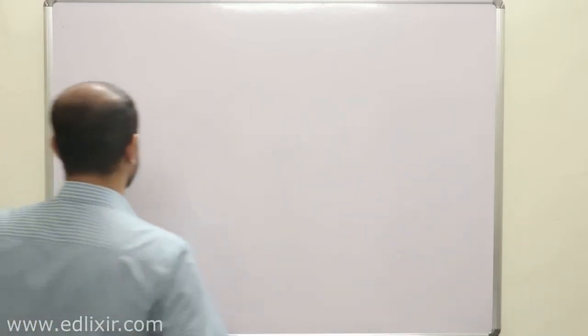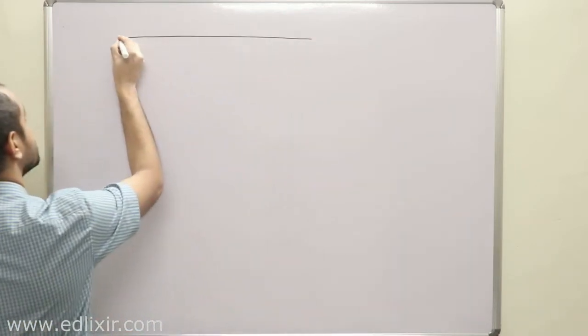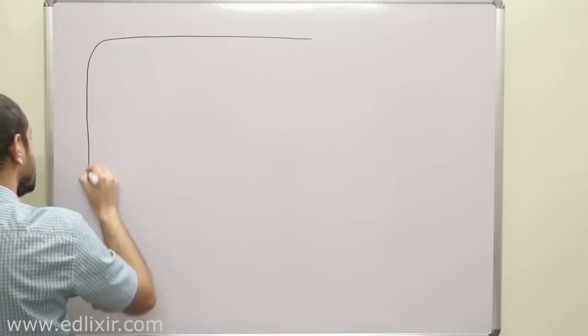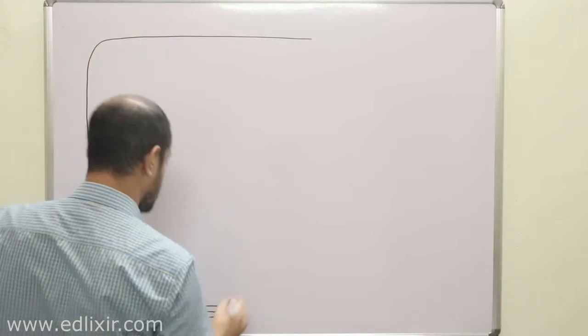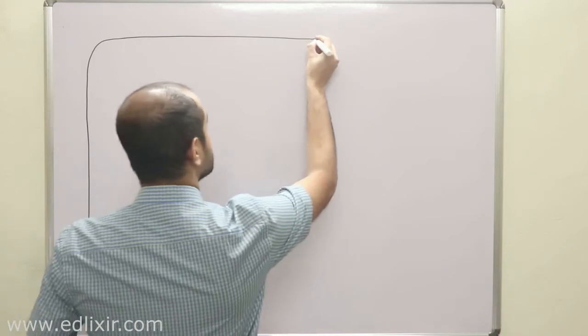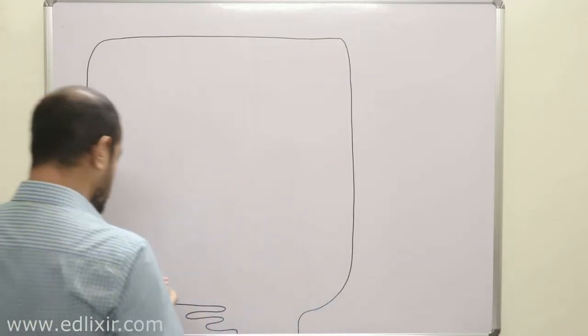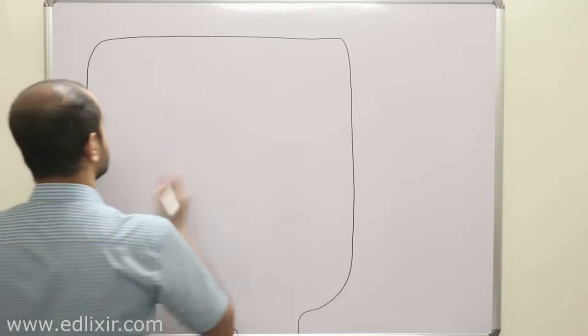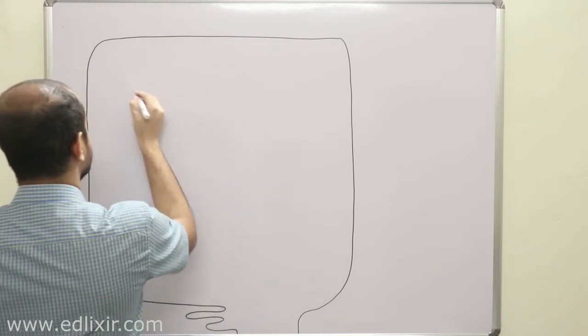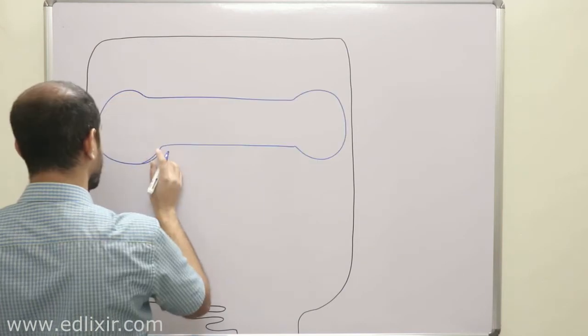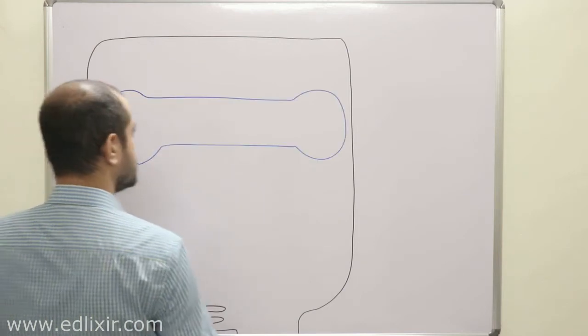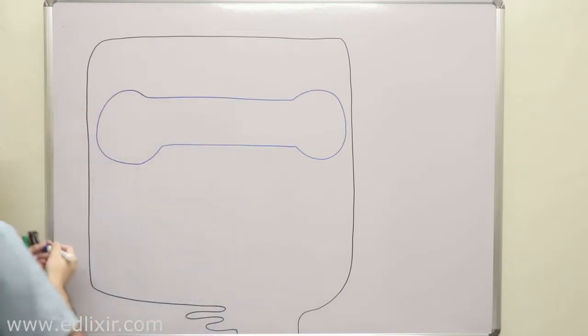Okay. Now listen. Suppose this is the cell membrane of your rod cell. Clear? This is the cell membrane of your rod cell. Okay. Now the interesting part you need to understand here is this. So this is actually your disc, right?